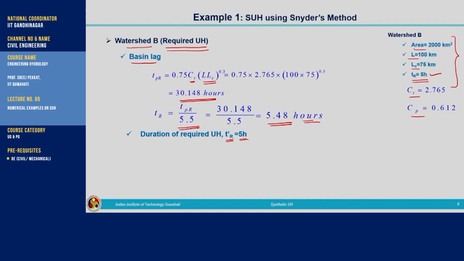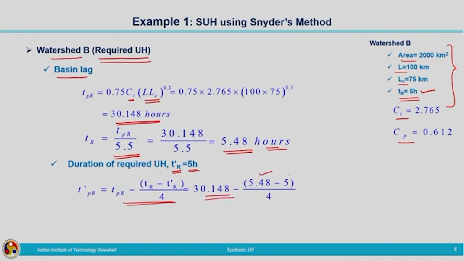We can redefine the basin lag by using the formula T dash PR is equal to TPR minus TR dash divided by 4. Here we can substitute the corresponding values. TPR is 30.148 and TR is 5.48 and TR dash is the duration of the required unit hydrograph.